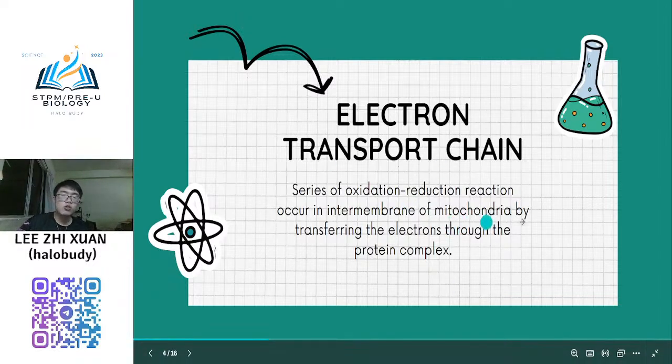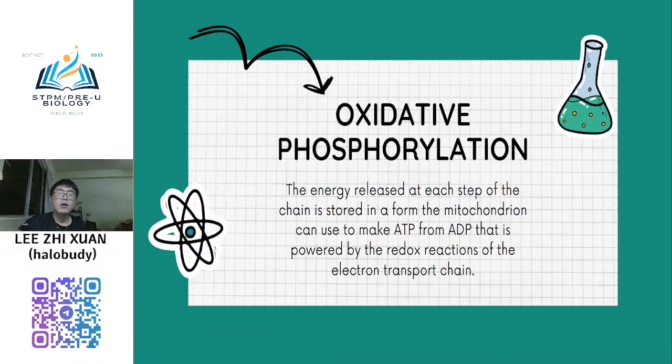This is electron transport chain. Because of the electron transport chain reaction, it can provide oxidative phosphorylation. When we talk about phosphorylation, it actually involves the phosphorylation of ADP.